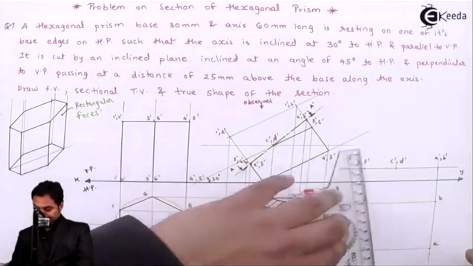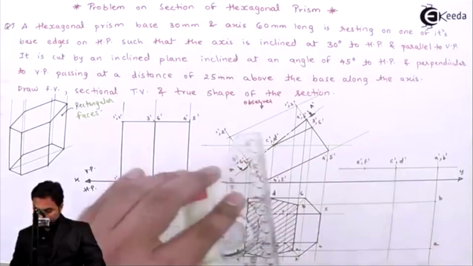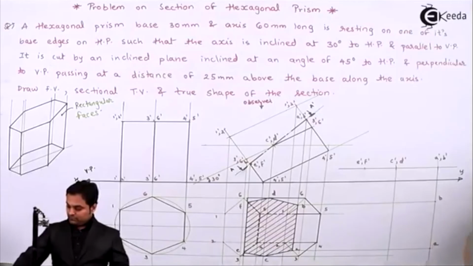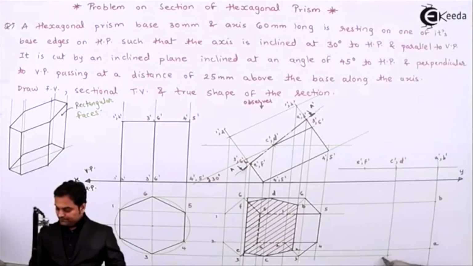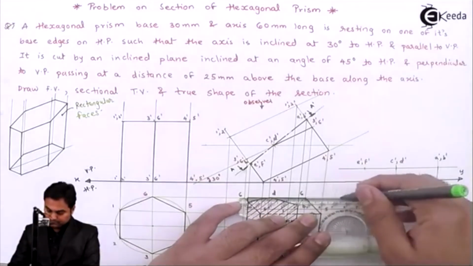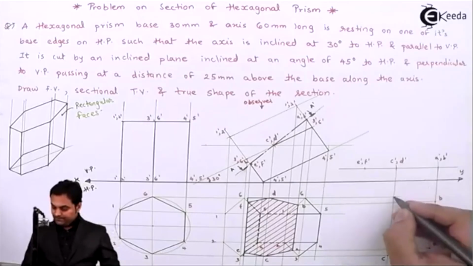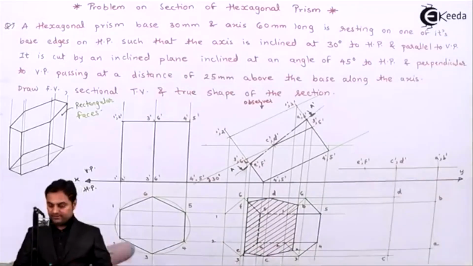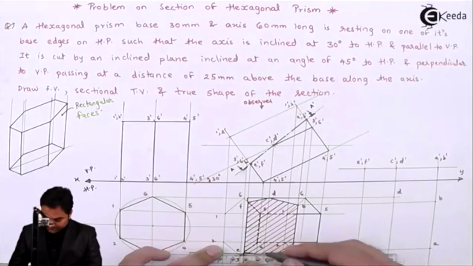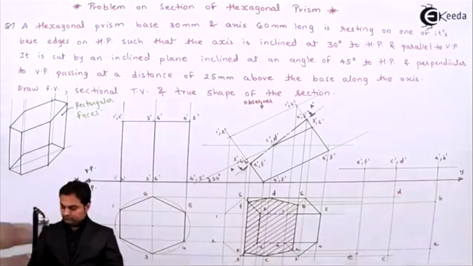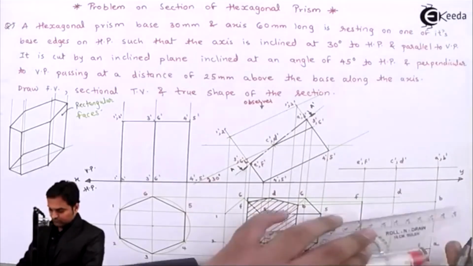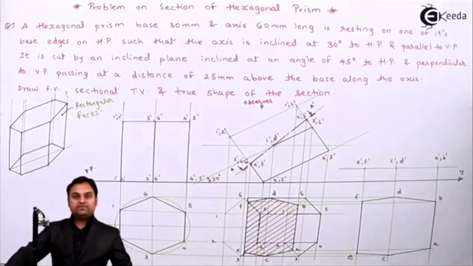Then C and D, here point C is there at the bottom, so this gives me point C, and D is there at the top, so D dash and D. Then E and F, here will be point E. Connecting these points in order, drawing the section over this.